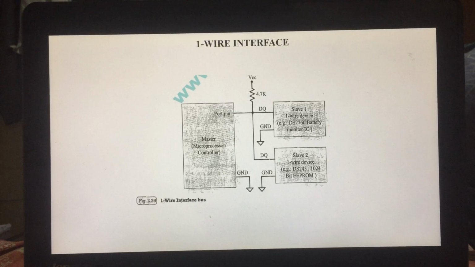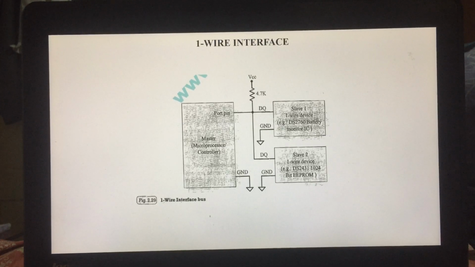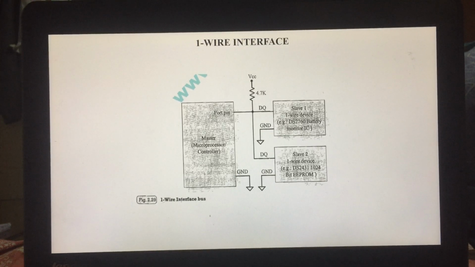The sequence of operation for communicating with a one-wire device is as follows. Master device sends a reset pulse on the one-wire bus. On receiving the reset pulse from the master, the slave device will respond with a presence pulse. Master sends ROM command.